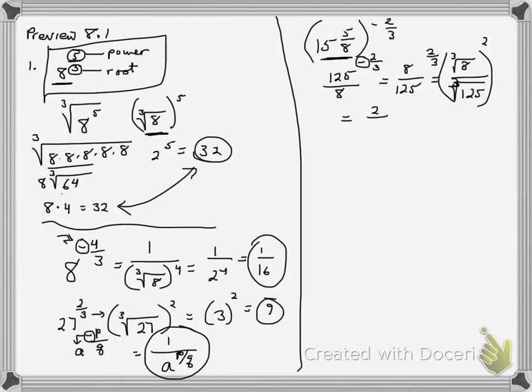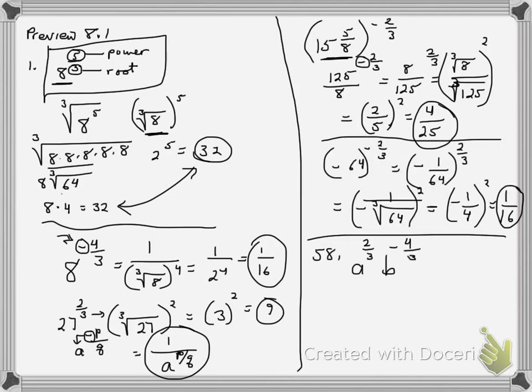The cubed root of 125 is 5. 5 times 5 is 25, times 5 is 125, and then I'm going to square my answer. The numerator squared will be 4, the denominator squared will be 25, and that's how you do it. Okay, so you're just going to ease your way through it one step at a time, based upon your definitions. Let's look at one more here together.